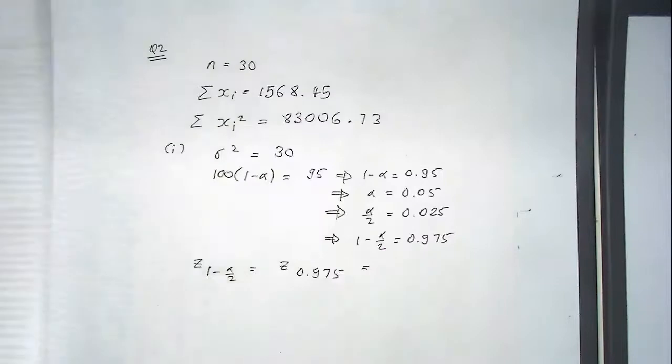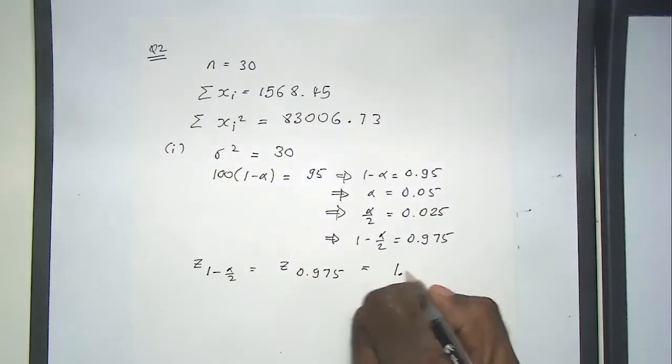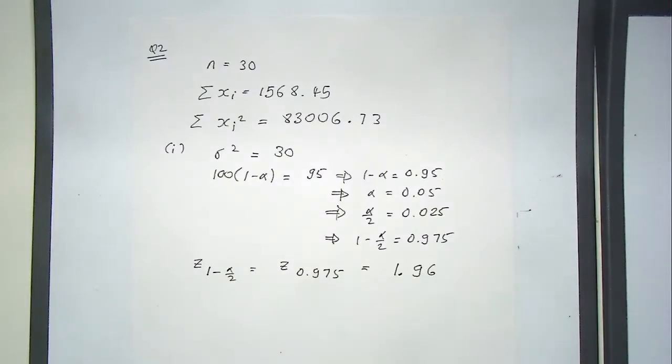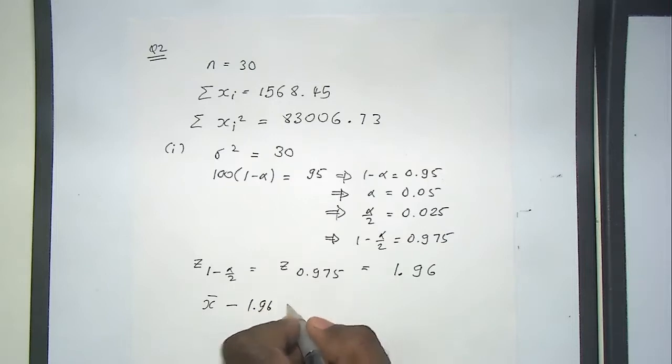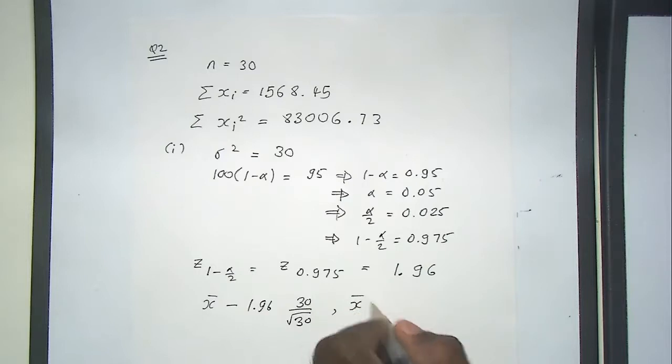Do you see that? So this is equal to 1.96. So the confidence interval is simply x bar minus 1.96 times sigma, which is 30, divided by the square root of n, to x bar plus the same.